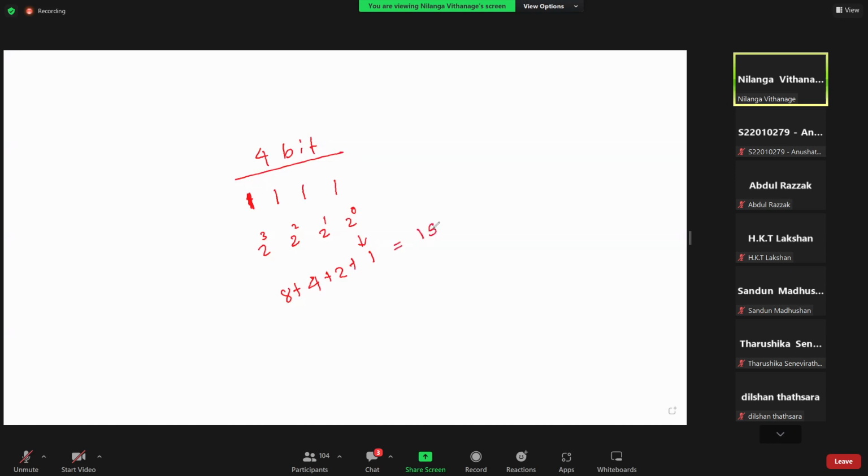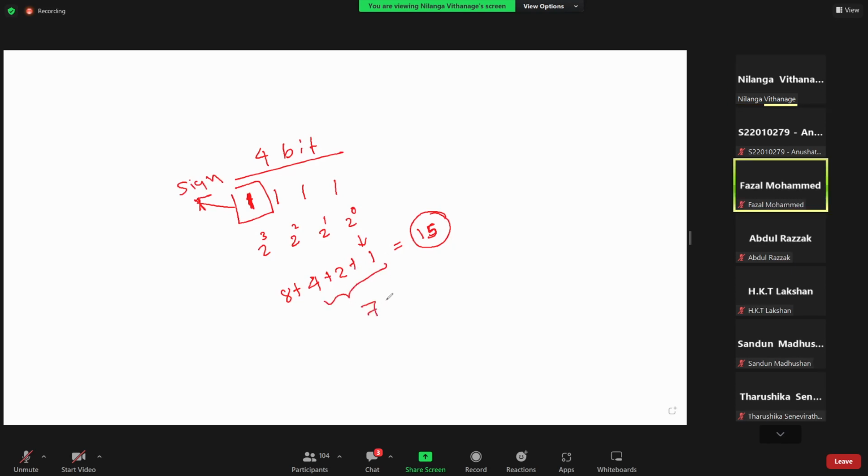So the answer is 15, right? This is the biggest number you can represent using 4 bits. So if you dedicate this bit to the sign bit, what will be the biggest number you can represent? 7, no? So it's a big disadvantage.